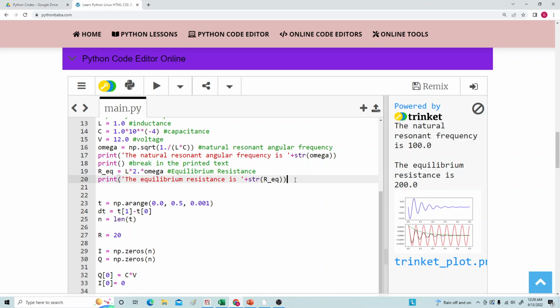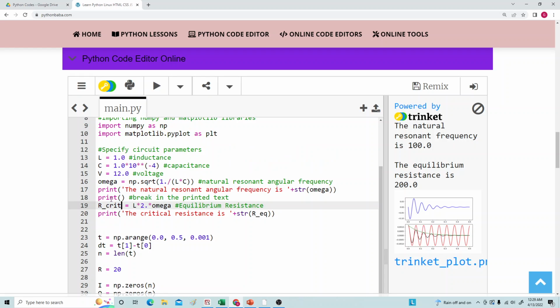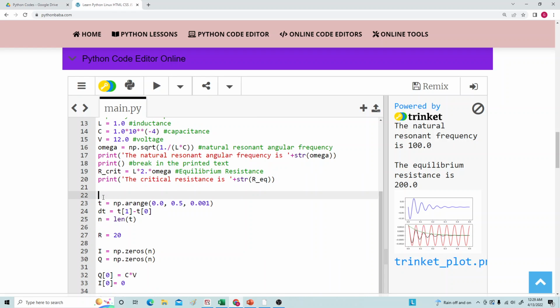And then this just prints the equilibrium resistance. Okay, I really should say critical resistance. This is just for you to know what that value is, so that way you can then specify your resistance however you would like.